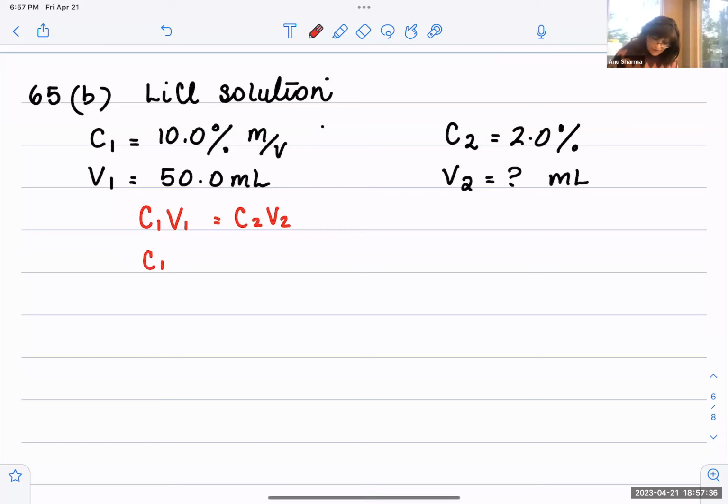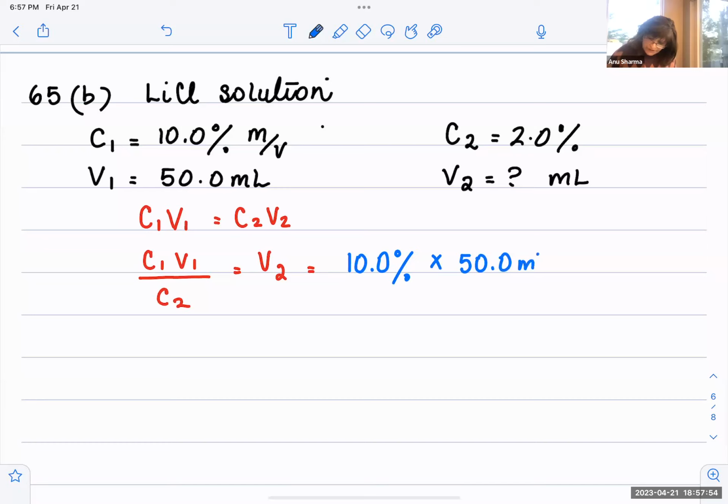So C1V1 over C2 is equal to V2. Now just plug in the numbers. C1 is 10.0%, multiplied by V1, which is 50.0 milliliters, over C2, which is 2.0%.